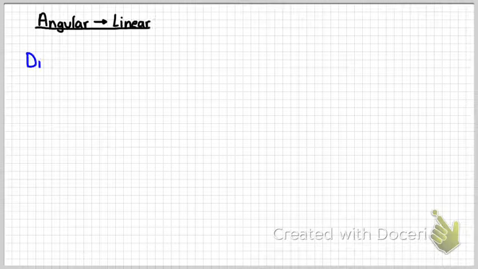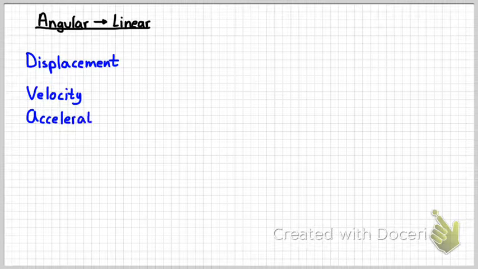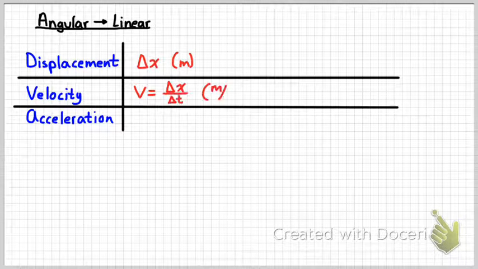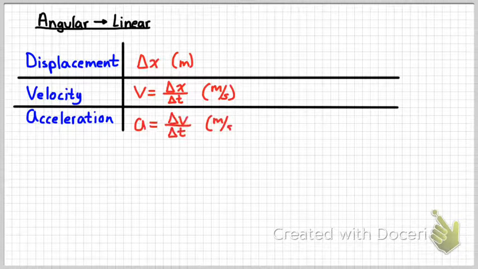So how do the linear and angular quantities compare? There are three quantities: displacement, velocity, and acceleration. Linearly, they're defined like this. Displacement is delta x, velocity is delta x over delta t, acceleration is delta v over delta t.